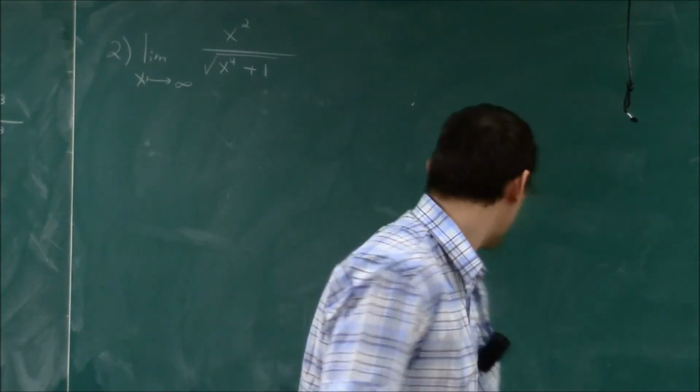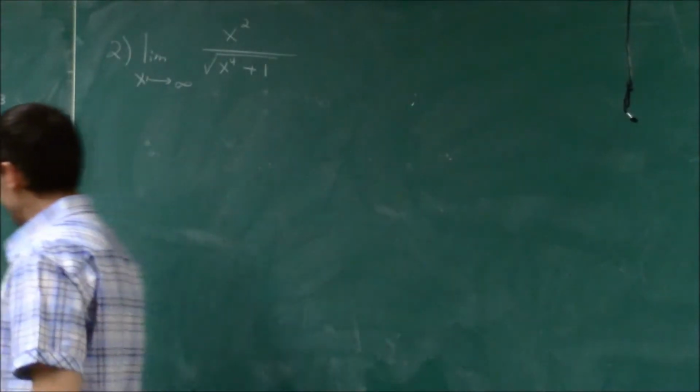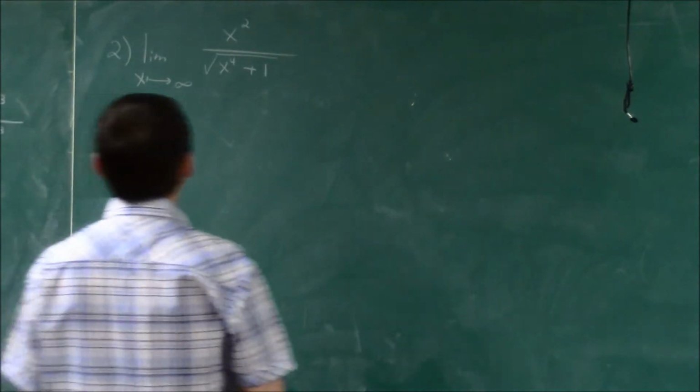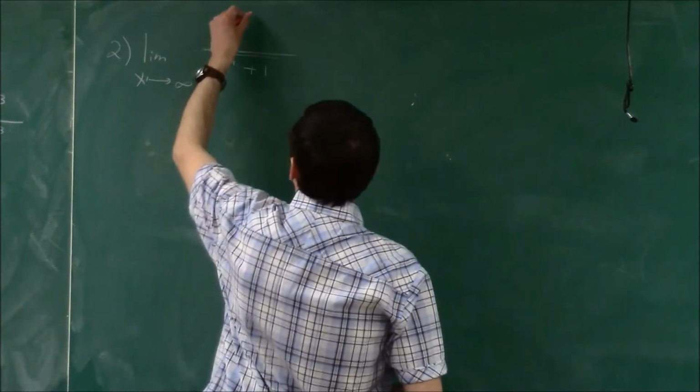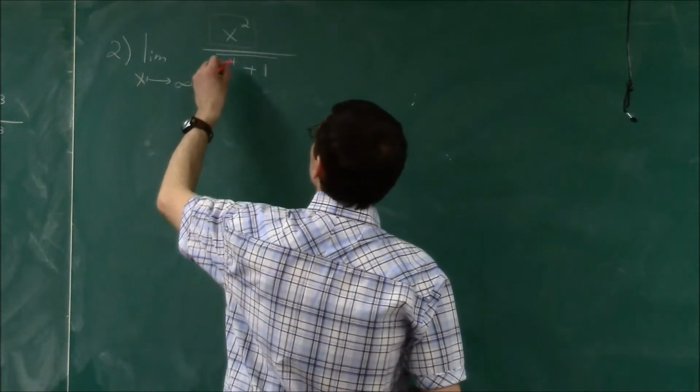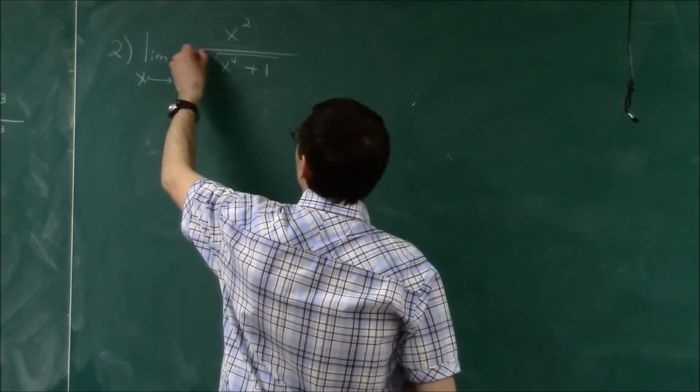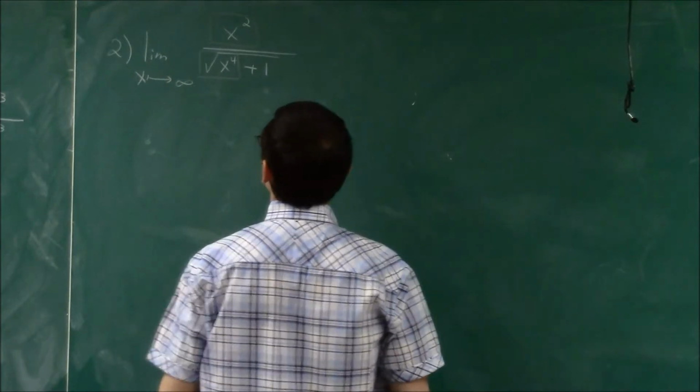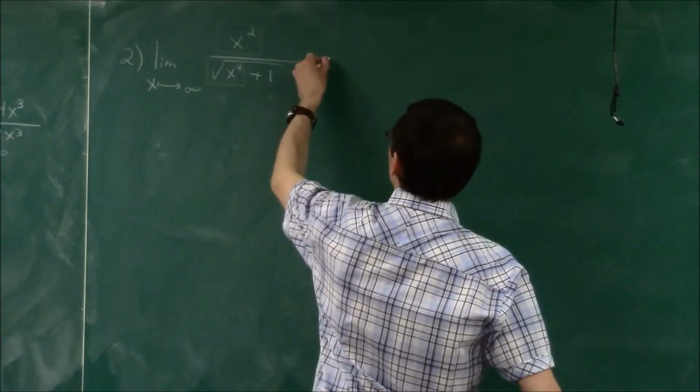Again, you can apply the box method. But be careful what you put in the box and how to interpret it. The leading power of the numerator is x squared. The leading power of the denominator is the root of x to the 4th.